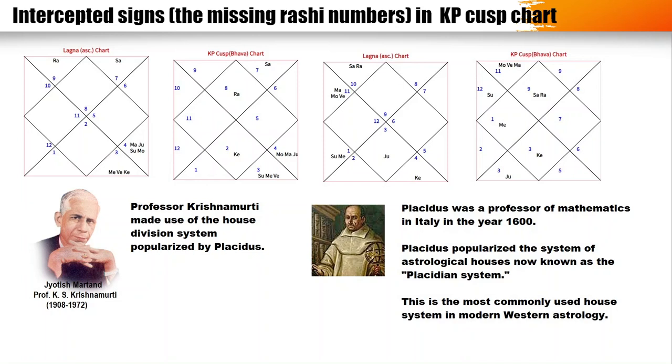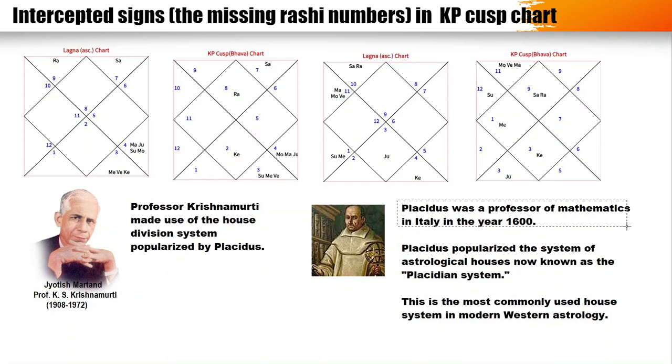Now Shri Krishnamurti did not make use of the house division techniques from the Parashari system. The house division system within Krishnamurti Paddhati is adopted from a Western method which was popularized by Placidus. So who was Placidus?